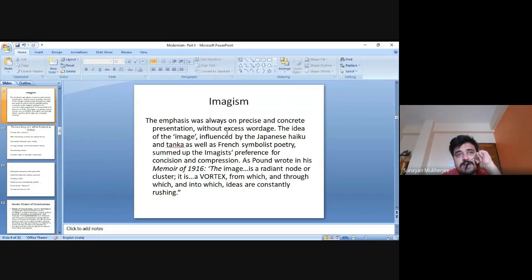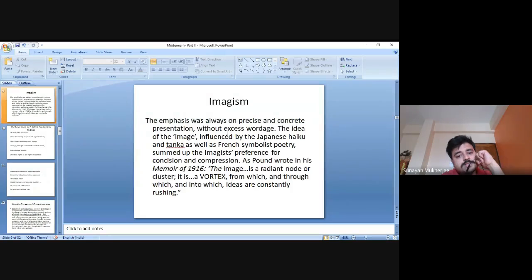Haiku is a short poem, but in these few lines you have to pack a full baggage of meanings, which would be totally different as per the interpretations. So the symbolist poetry focused on concision and compression, and as Pound wrote in his memoir of 1916, the image is a radiant node or cluster.